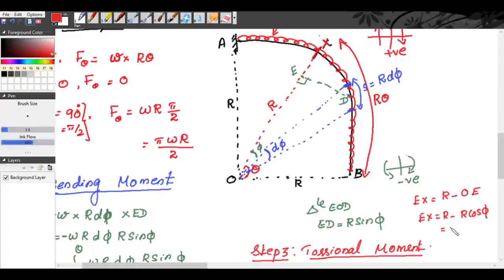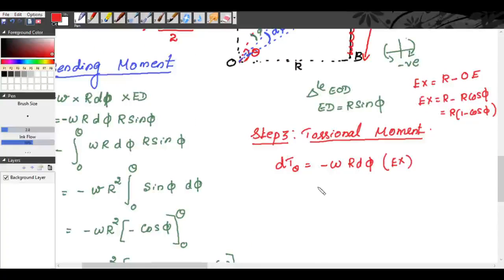So we get Ex is equal to R into 1 minus cos phi. We will substitute: this is equal to minus W R d phi into R into 1 minus cos phi.